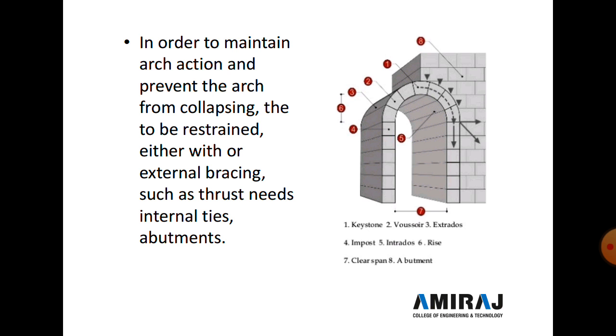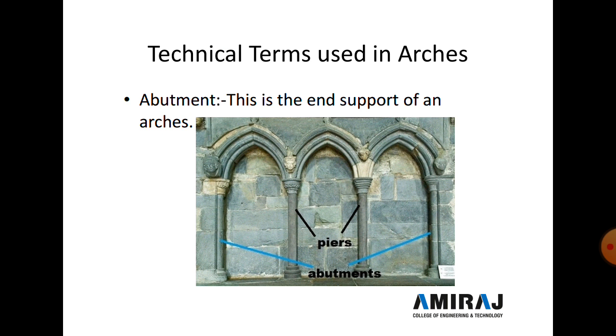So here the load above the arch is directly applied on the arch curve, and then directly transferred from the intrados to the extrados, and then directly to the abutment. Clear?